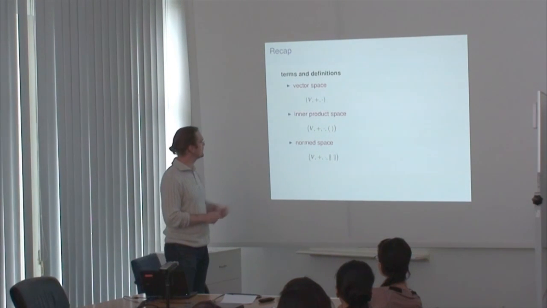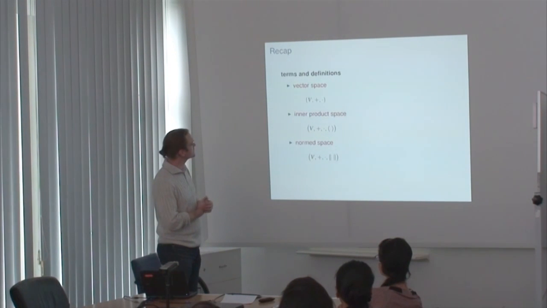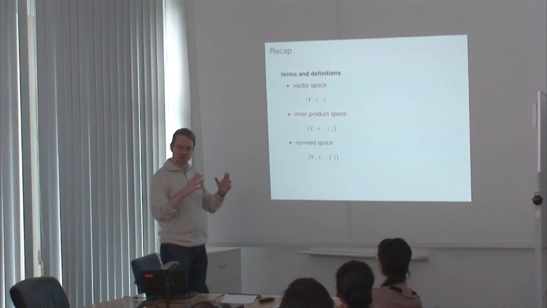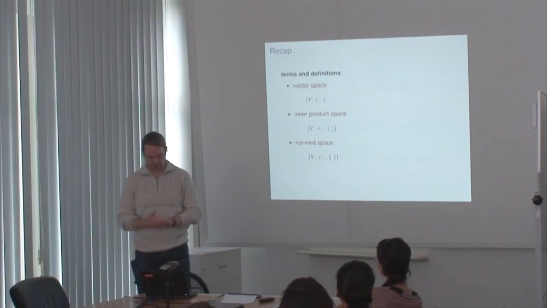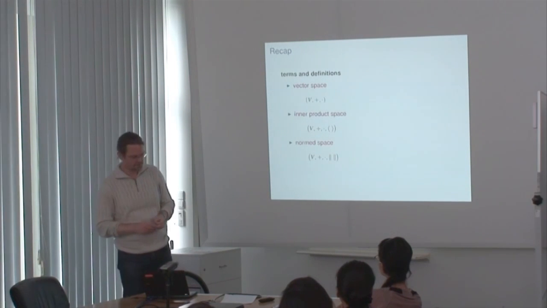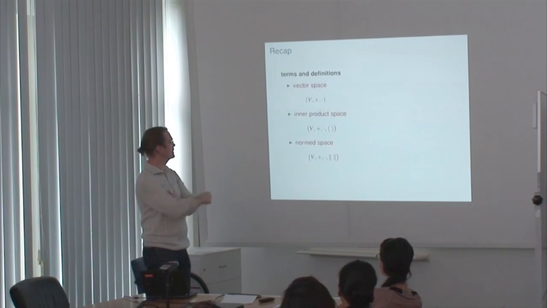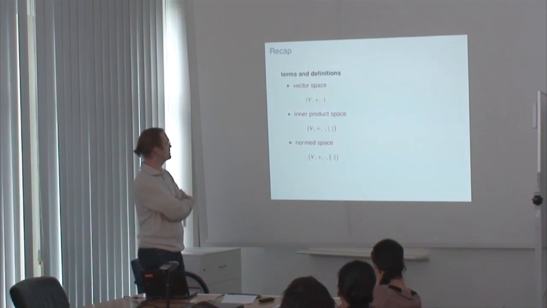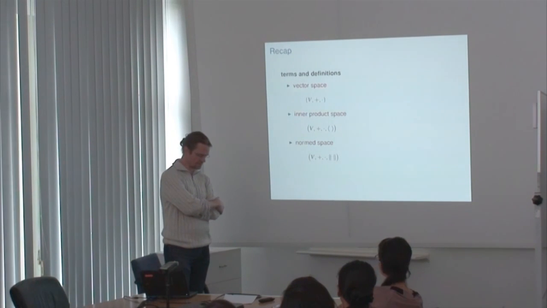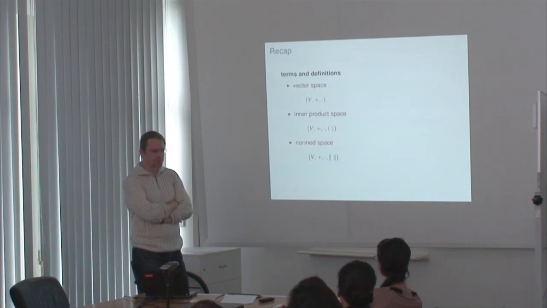And at the same time, there is supposed to be an operation, let's call it plus, and another operation, let's call it times, such that if we apply this operation plus to two elements in V, we obtain another element in V. And for instance, if we multiply a scalar to one of the elements in V, we obtain another element in V. And then there were certain other basic properties of a vector space we require.